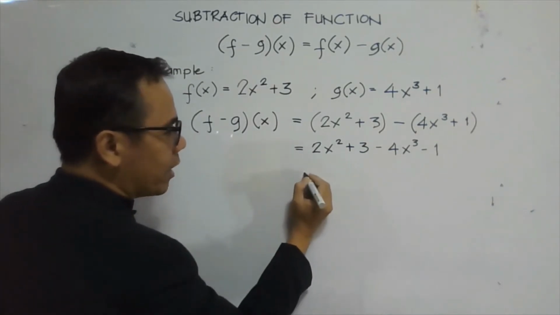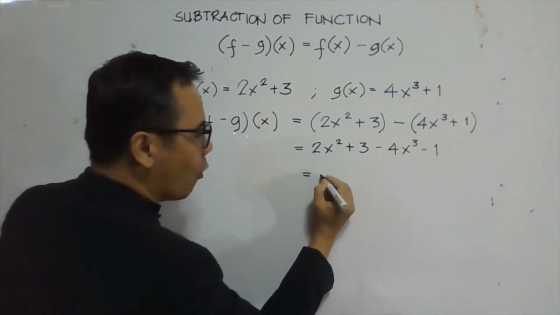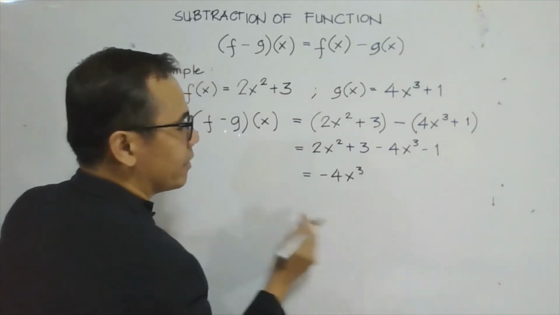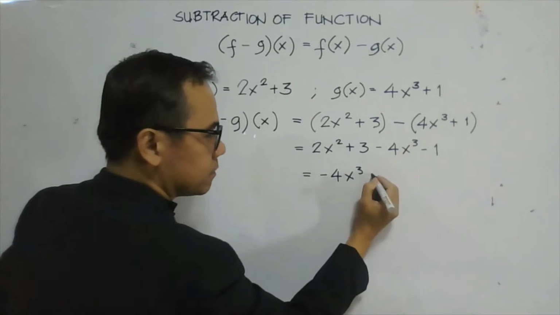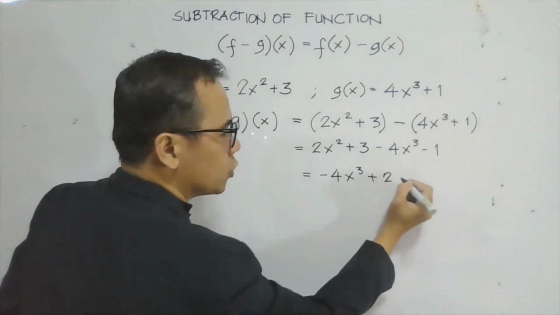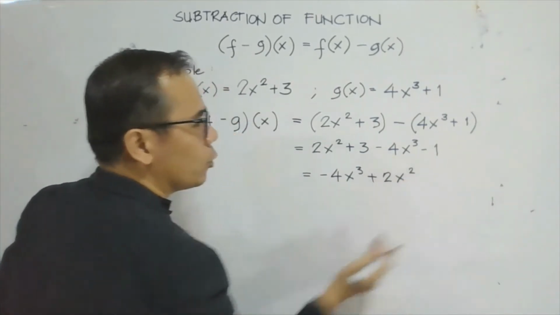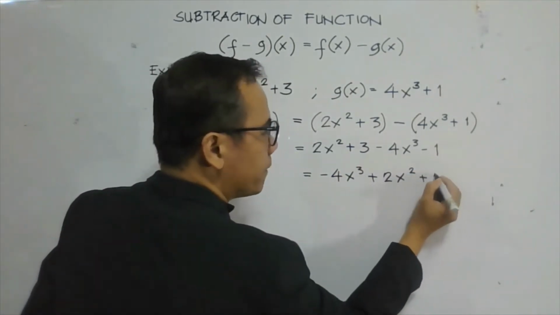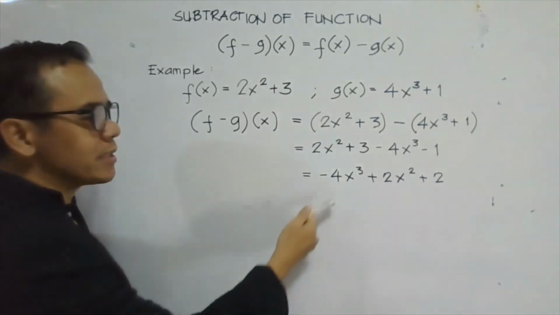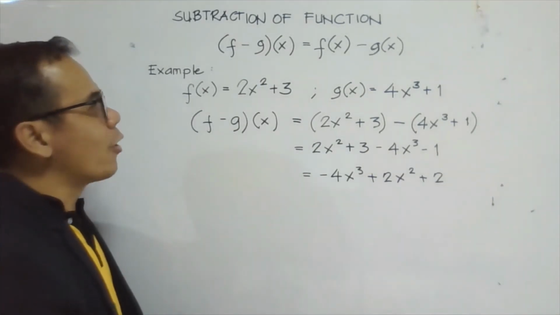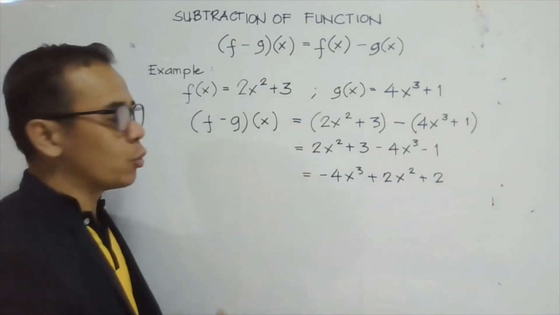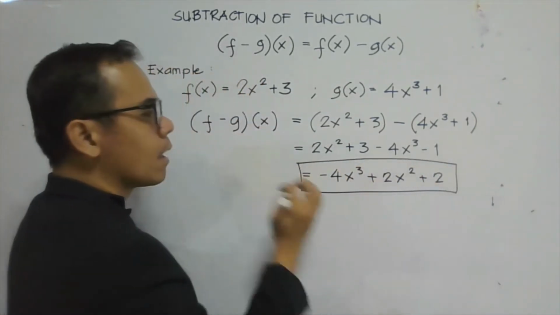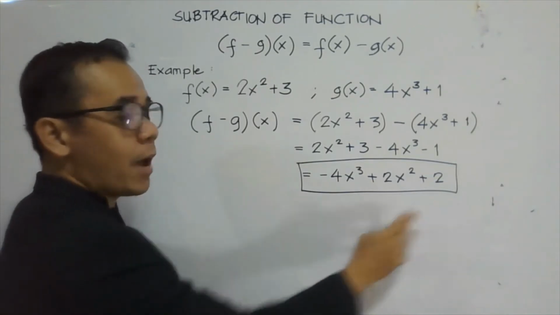So therefore, we're going to write first negative 4x cubed, and then plus 2x squared, and then we have to combine 3 minus 1 is equal to positive 2. So this is now our final answer for the difference of these two functions, and it's negative 4x cubed plus 2x squared plus 2.